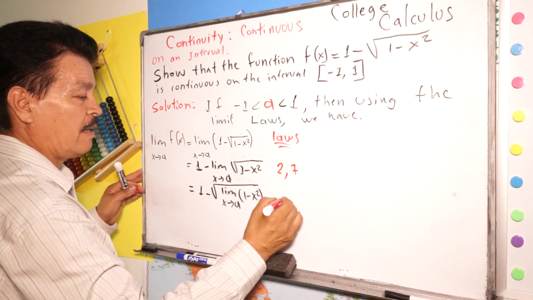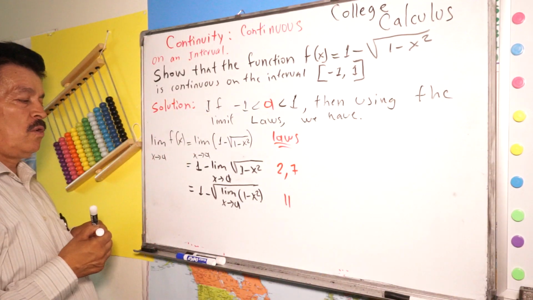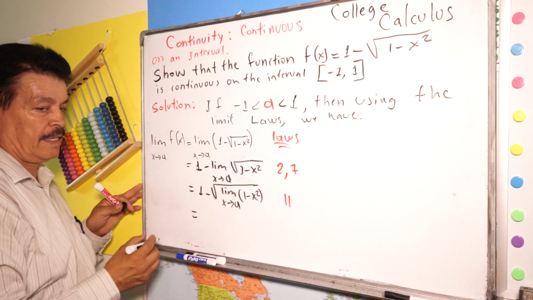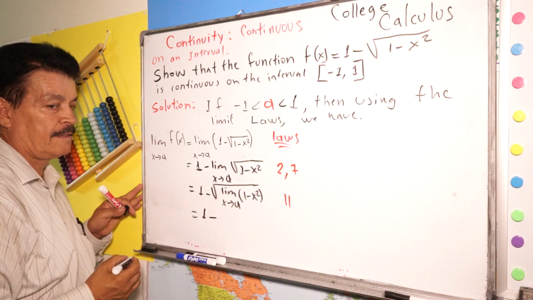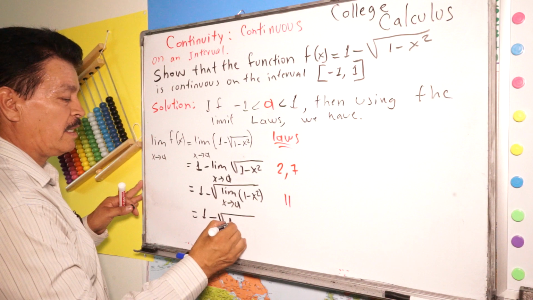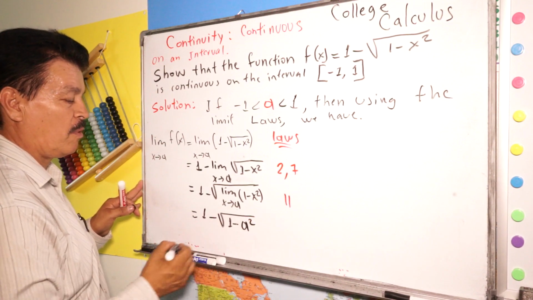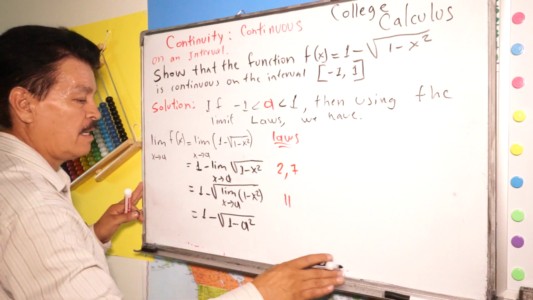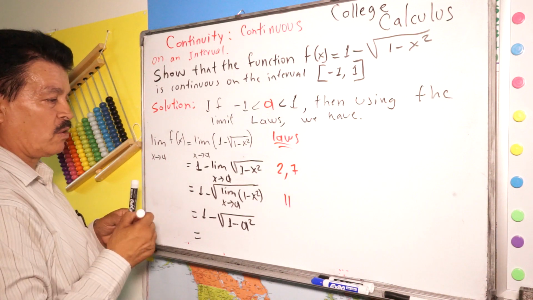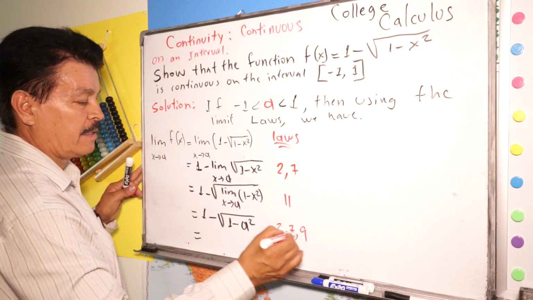By law 11, we then have 1 - √(1 - a²). This is by rules 2, 7, and 9.